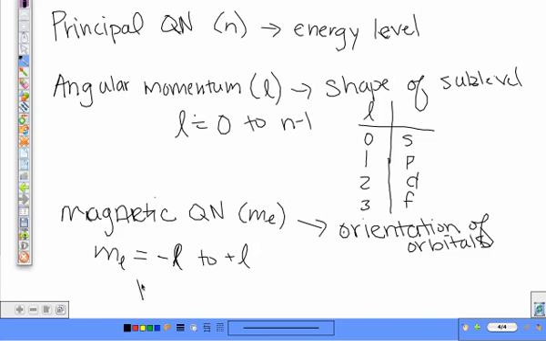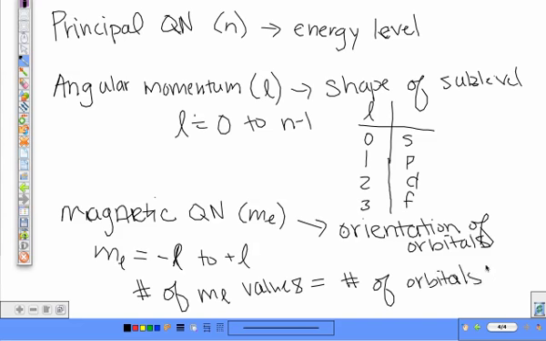And the number of ML values is equal to the number of orbitals. Like when L is equal to 1, a P sublevel, we have negative 1, 0, and 1. So that's 3 ML values, so we have 3 orbitals.